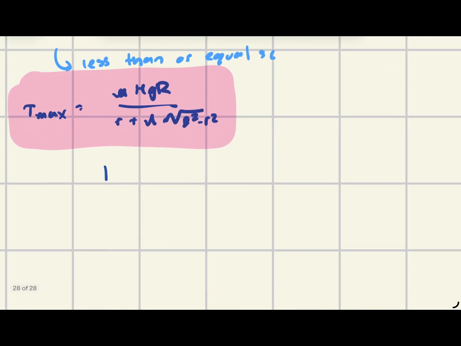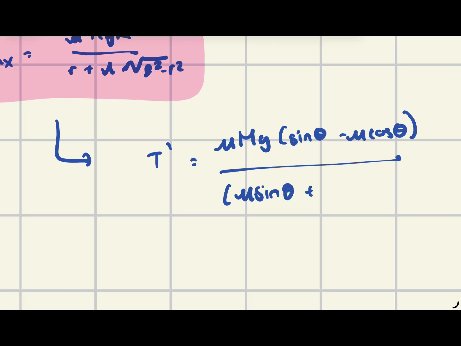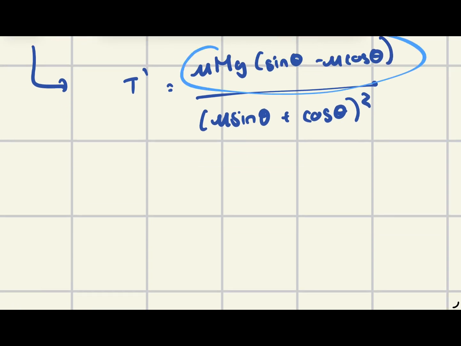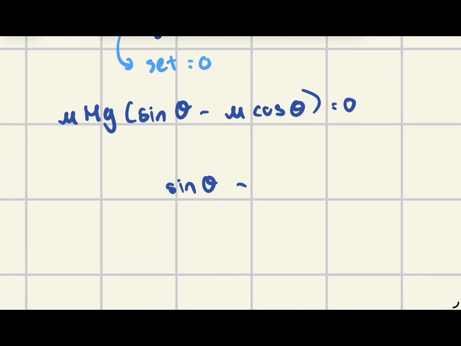So now, to do that, we're going to take the derivative of this tension function, and we get mu mg times sine theta minus mu cosine theta over mu sine theta plus cosine theta squared. And we need to set this equal to 0. It only matters that the numerator is 0, and it just matters that the denominator is not 0 at this time.